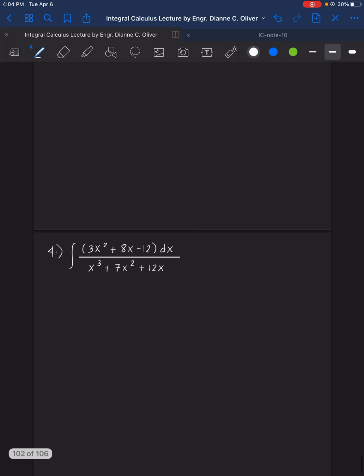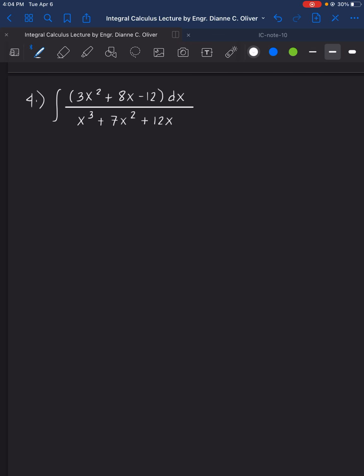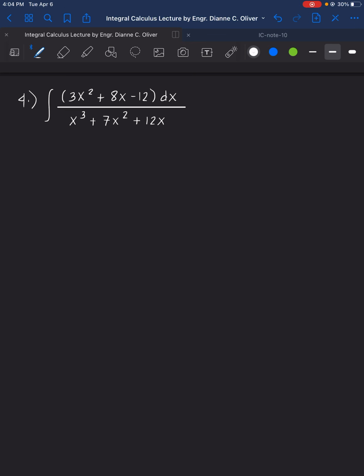Let's go to number 4. We have here number 4, integral of 3x squared plus 8x minus 12 dx all over x raised to 3 plus 7x squared plus 12x. You think this is more difficult than the previous one?